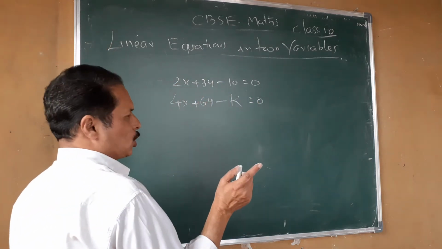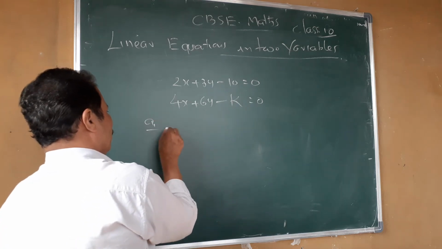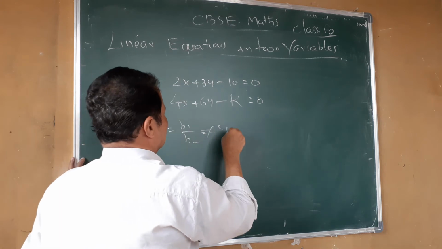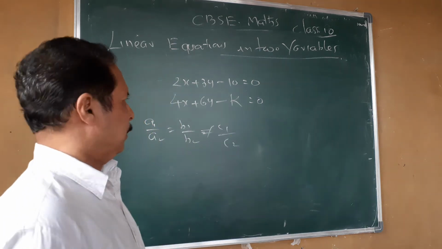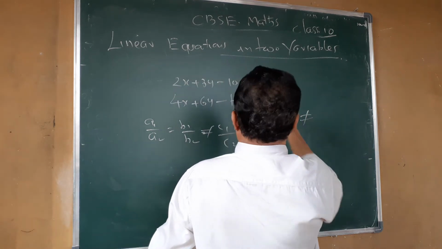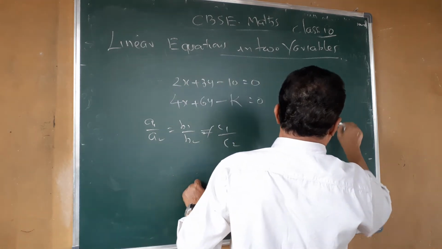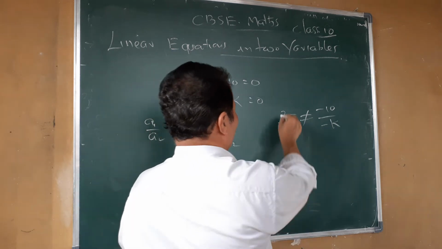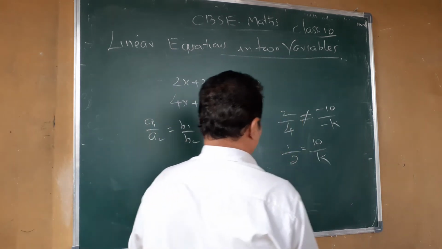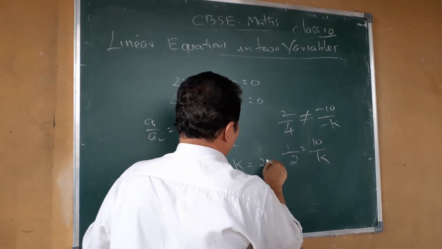Then if there is no solution, a1 by a2 equal to b1 by b2 not equal to c1 by c2. So your answer is 2 by 4 not equal to minus 10 by minus k. And 2 by 4 means 1 by 2. That is 10 by k. If you cross multiply, you get k equal to 20.